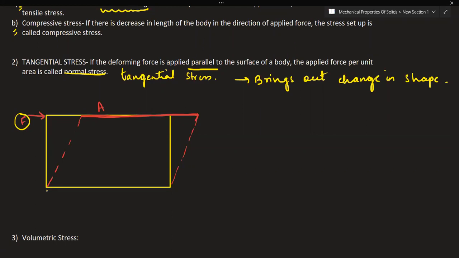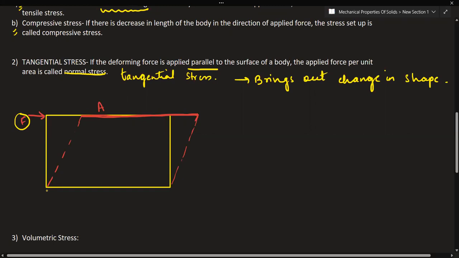If you have a thick book and apply force in the parallel direction on the upper pages, what will happen? The initial pages of the book will shift further while the lower pages will remain intact. Yes, it would tilt the book. So that type of deforming force produced per unit area is known as tangential stress.